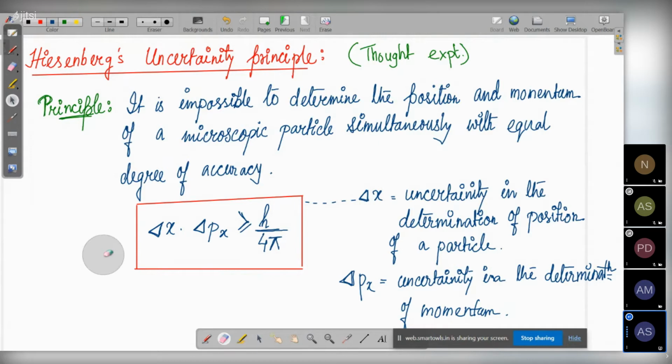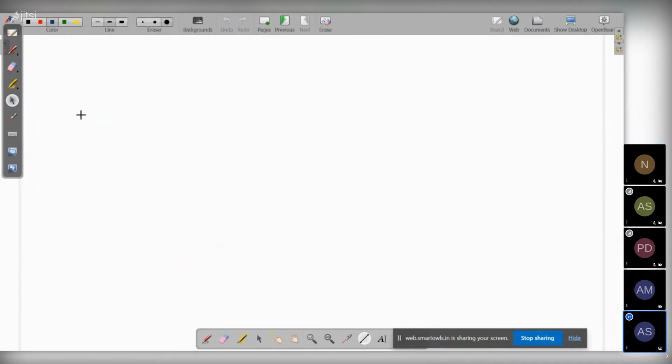Let's take a simple example to understand this, because this is quantum physics, which is a bit difficult. Suppose this is a road, and this is a car moving on the road.